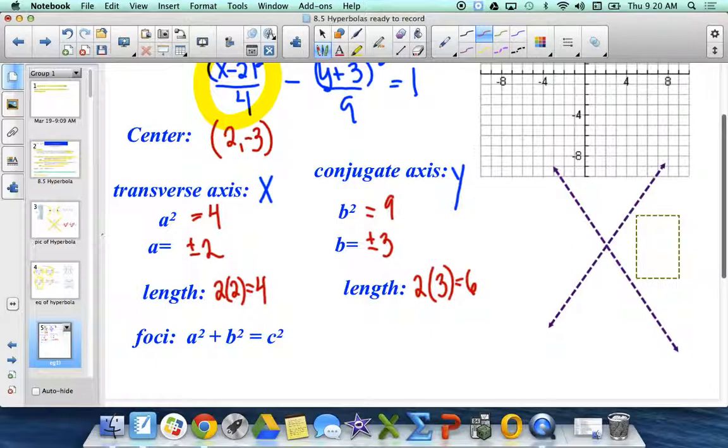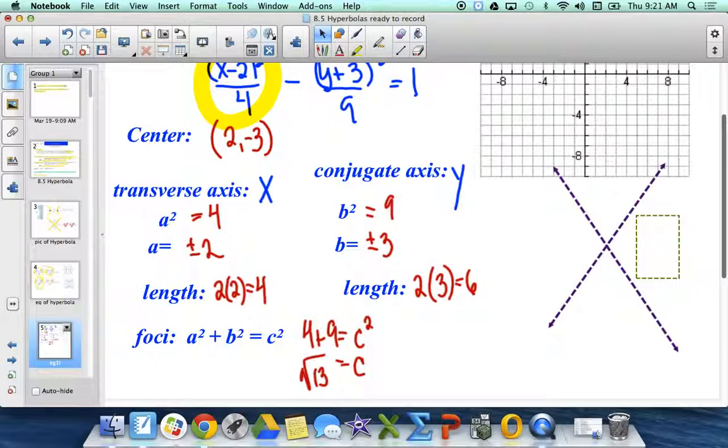For the foci, a squared plus b squared is equal to c squared. So that is 4 plus 9, which is equal to c squared. So c is equal to the square root of 13.